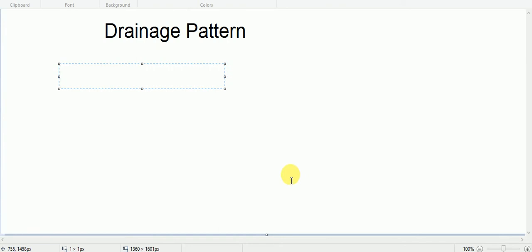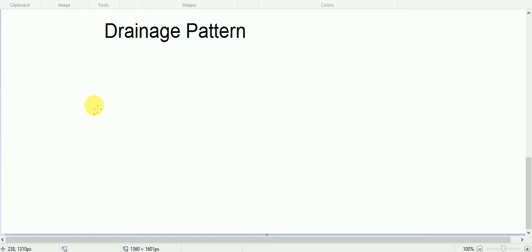So here, sometimes a river takes a shape like this. This is a river, and these are the tributaries.